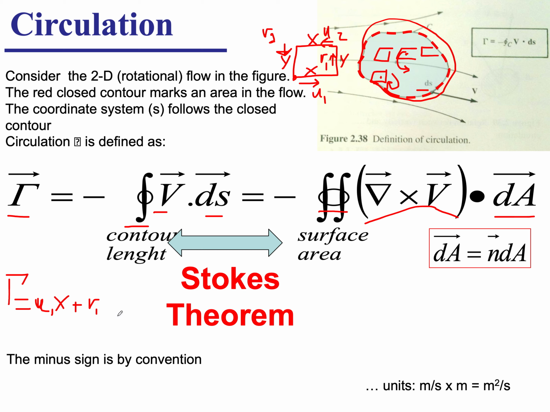So v1 times y, plus, you get the point, u2 times x, because it's positive as we're going along the contour, it's a dot product between the u and the x, u2 times the distance x, plus v2 times y, capital Y. Okay.